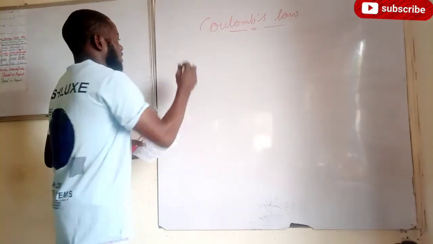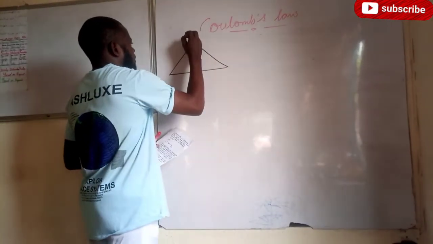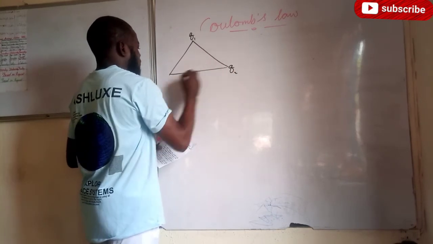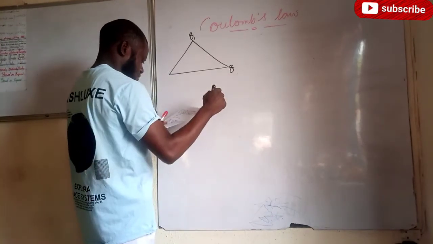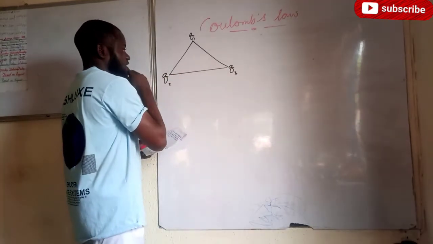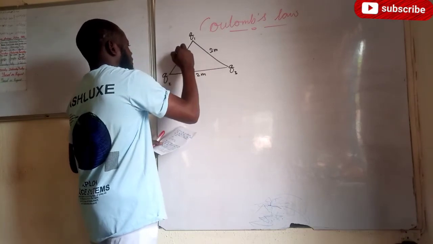So let's draw the equilateral triangle. So let's say this is Q1, okay, let me say this is Q3 and this is Q2. This is 2 meter, 2 meter, and 2 meter.